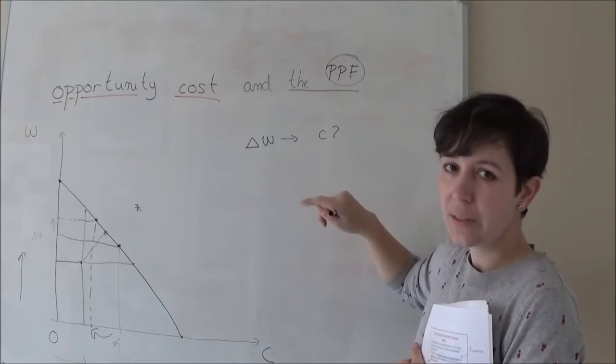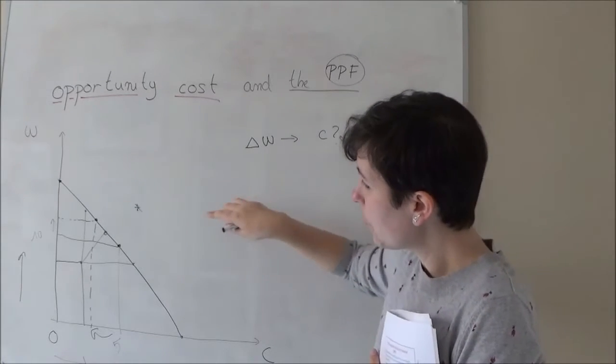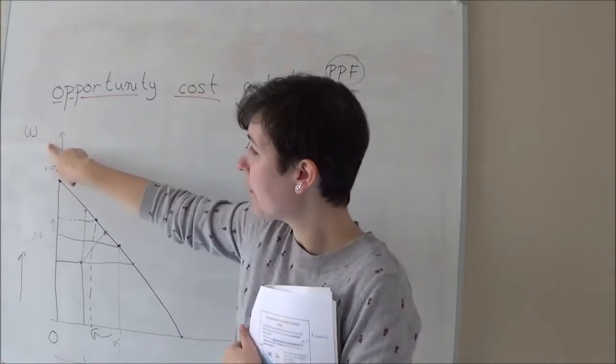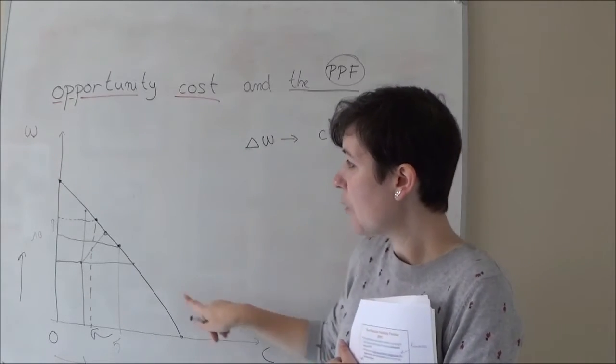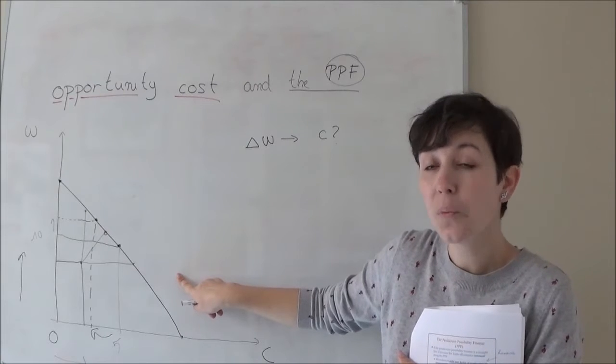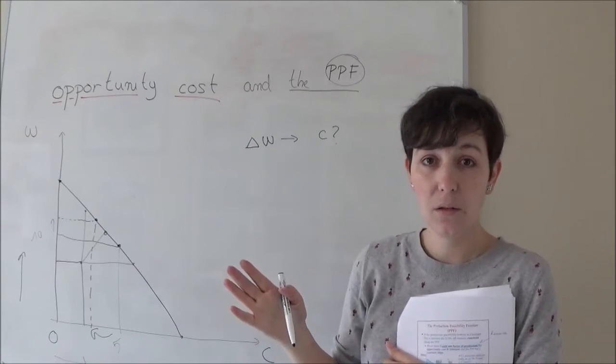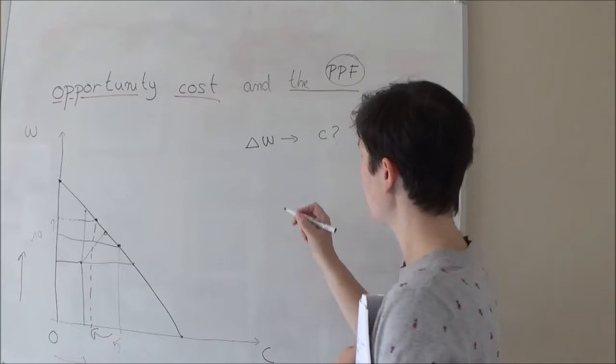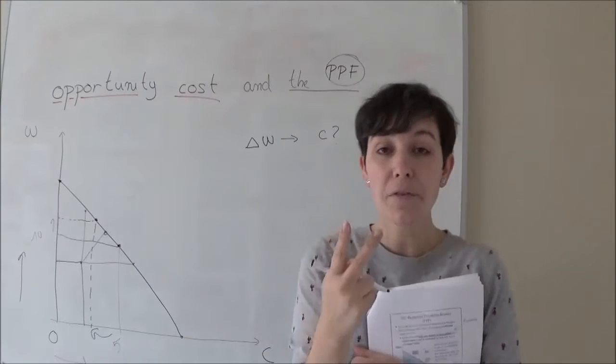And something interesting. Let me show you one thing. Here we have wine, here we have cheese. What is the slope of this? The slope of this is going to be the slope of anything. Always we are going to do this, okay? To do the slope of that thing, we have two ways.